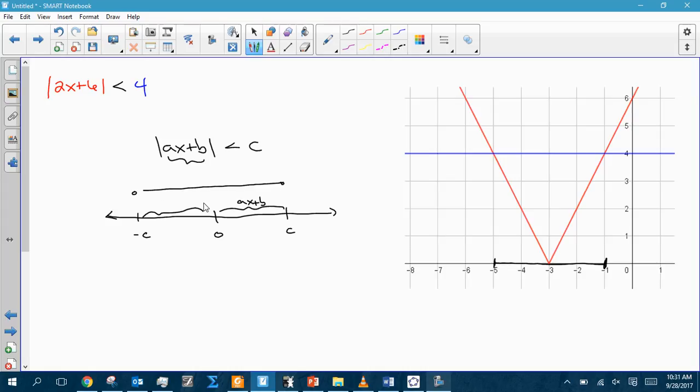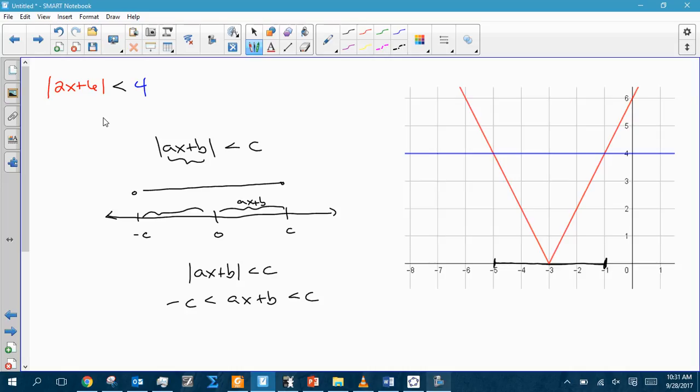The way we find that is we say our expression has to be between -c and +c. That's why, if I have absolute value of ax plus b less than c, we rewrite it as the opposite of c is less than ax plus b is less than c, and we just go through and solve that.